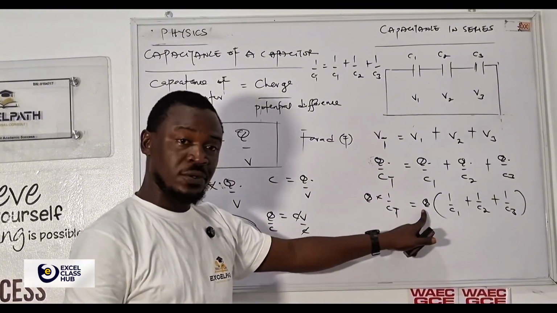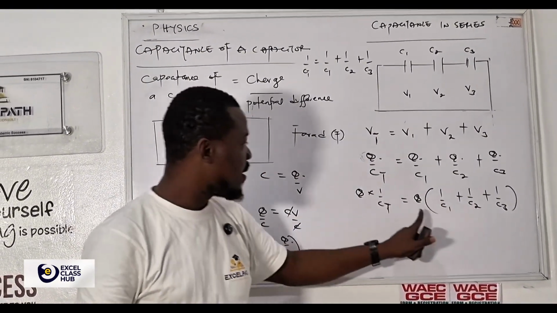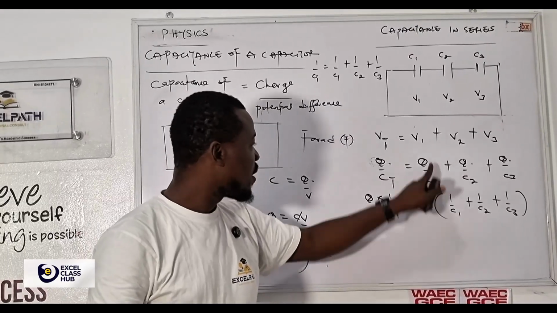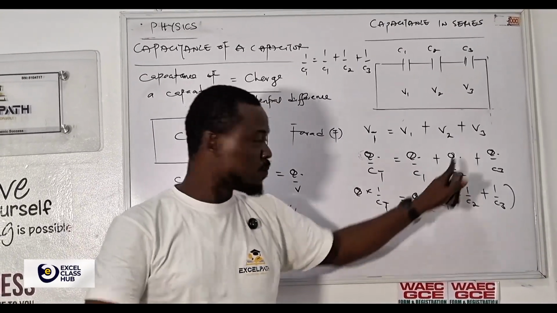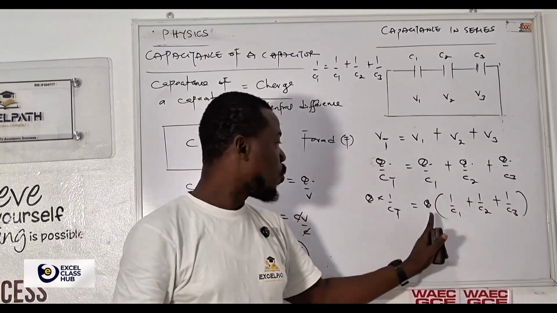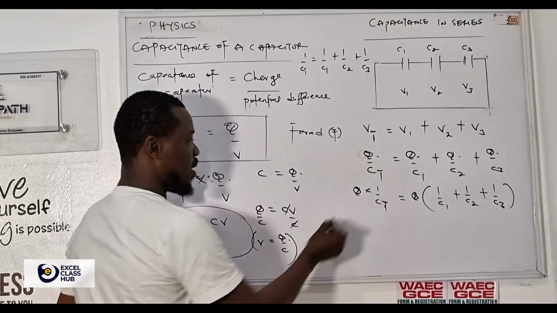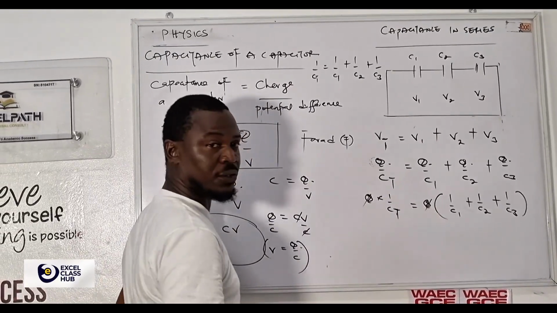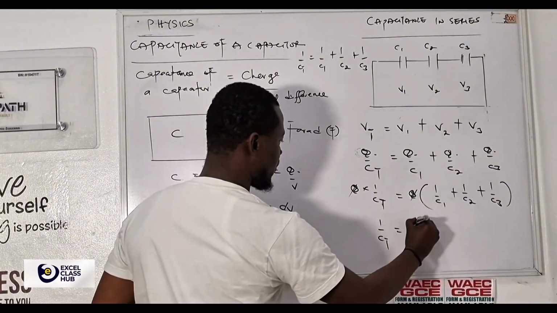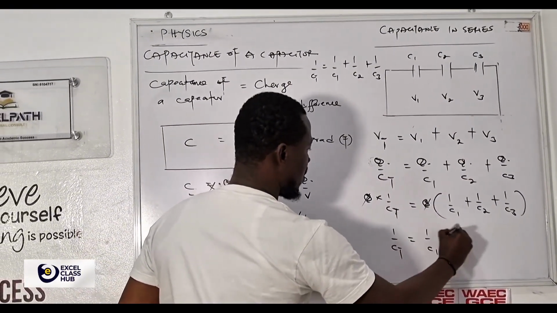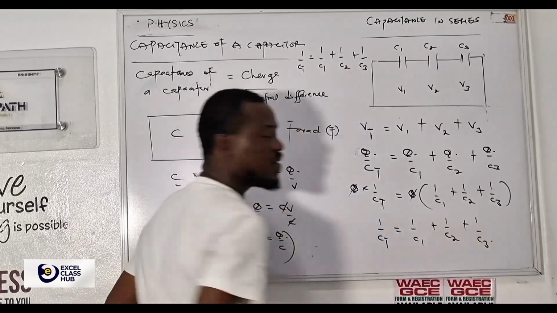Because if I use this Q to open this bracket, this Q will affect everything here. Q times 1 over C1 will be Q over C1. Q times 1 over C2 will be Q over C2. Q times 1 over C3 will be Q over C3. Am I communicating? From here now, this Q can cancel this Q. So your final answer will be 1 over C total equals 1 over C1 plus 1 over C2 plus 1 over C3.